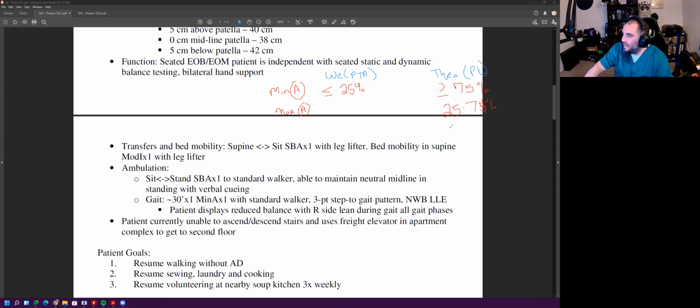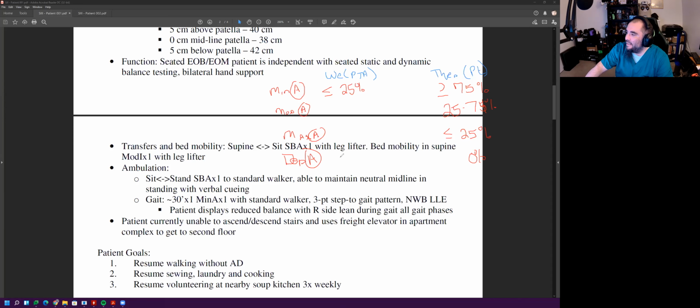If they do less than or equal to 25% of the work, now what are they? Max. At that point, they're a max. Some of the books will say if they're doing less than 5%, they're technically dependent. But dependent for me means they're not doing any of the work, so if they're doing 0% of the work, they're dependent. That is a D, dependent assist.